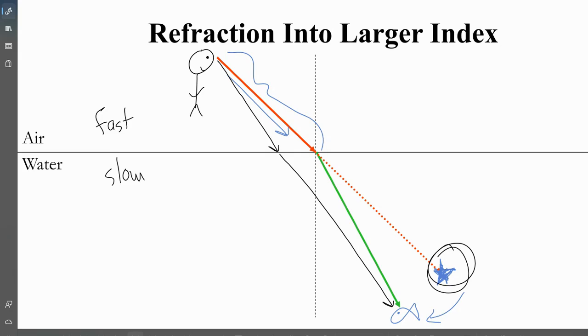So that's one of the reasons spearfishing is just so challenging, and why if you ever do try spearfishing, get some goggles and put your eyes below the water because then you never have to deal with the indices of refraction, going from air into water.